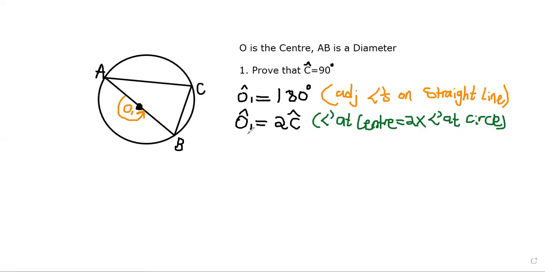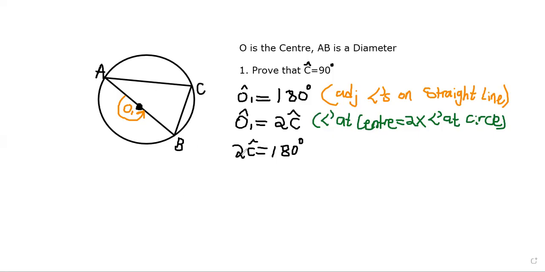You can see that the two O1s are the same, so I'm going to equate the two. I'm going to say 2C is equal to 180 degrees. The reason I'm saying 2C is equal to 180 degrees is because both of them are equal to O1.